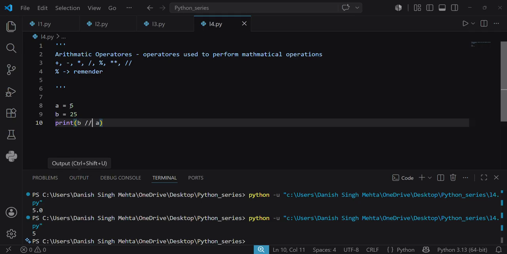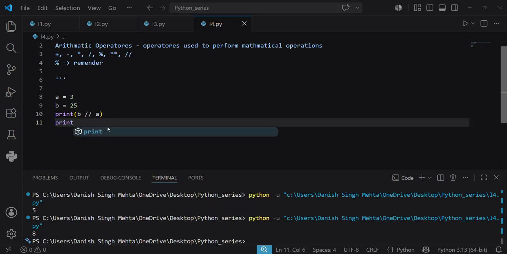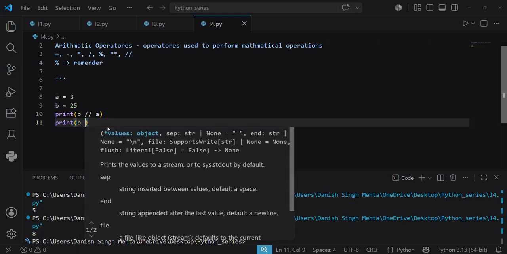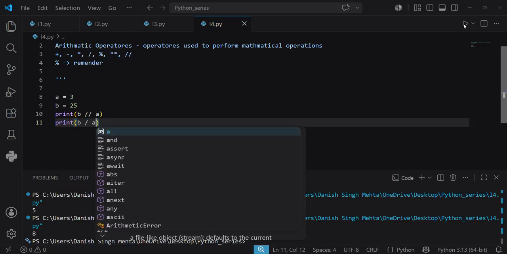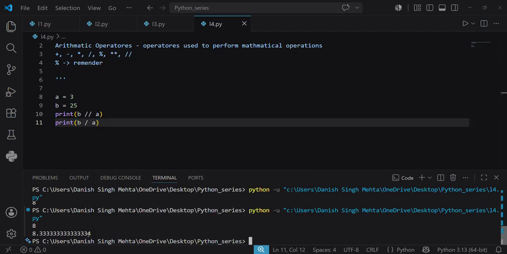And one thing in division: let's take 3 here, which does not divide 25 evenly. If I do a normal division, we get a value like 8.3333.